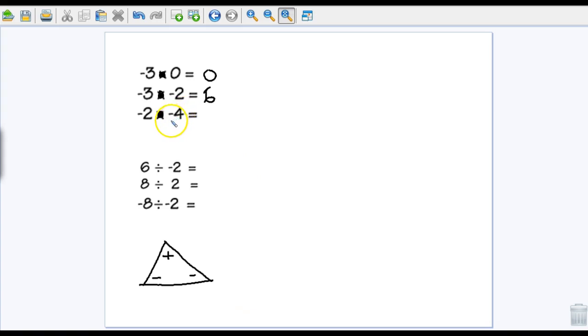So again, a negative and a negative. If I cover over both my negatives, it leaves me with a positive. So I know my answer is going to be positive. So 2 times 4 is positive 8.